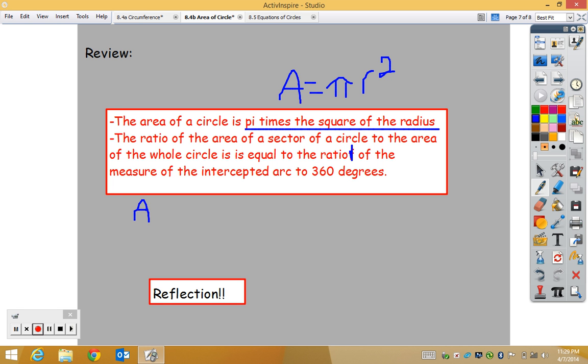So area of sector equals measure of arc over 360 times pi r squared.